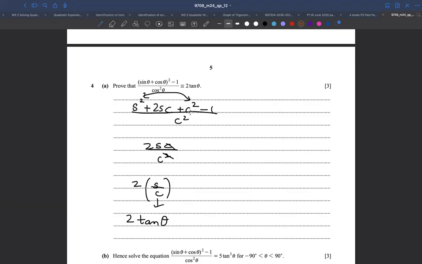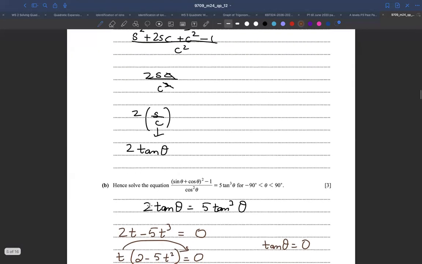So sin square plus cos square is 1. Yes? 1 minus 1 cancels out, so that is 0. So in the numerator, I only have 2 sin cos upon cos square. Cos and cos square cancel, leaving me with only cos. Sin upon cos is tan. Achha, okay sir. I got it.